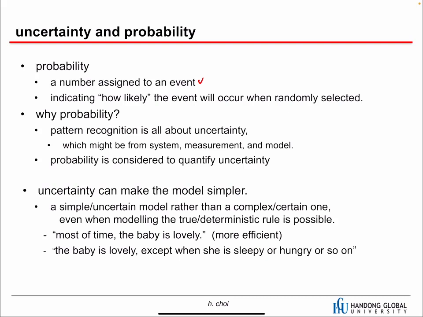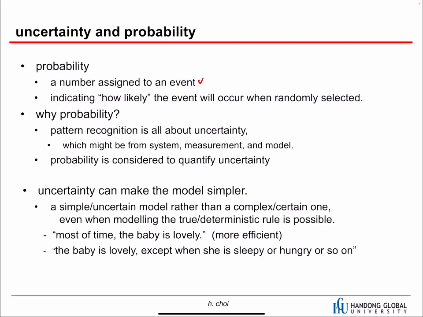And it looks like uncertainty is a bad thing that we have to remove. And we try, but we cannot remove uncertainty 100% most of the time. But uncertainty is not just a bad thing. Sometimes uncertainty can make the model simpler, which is good.